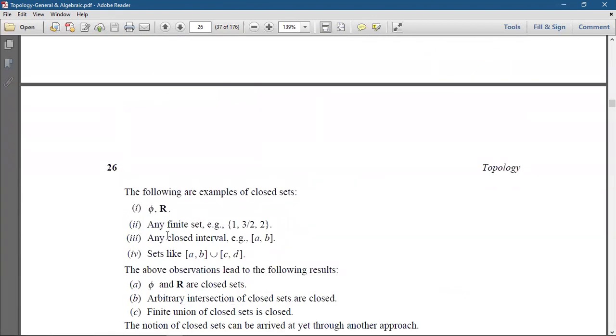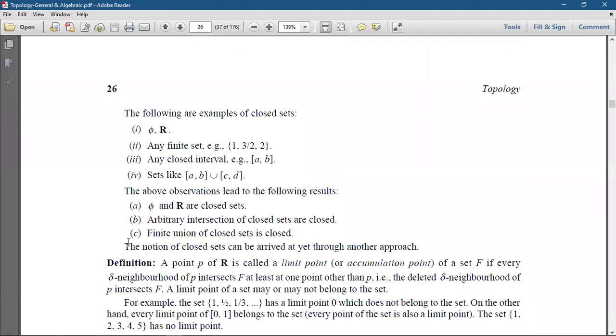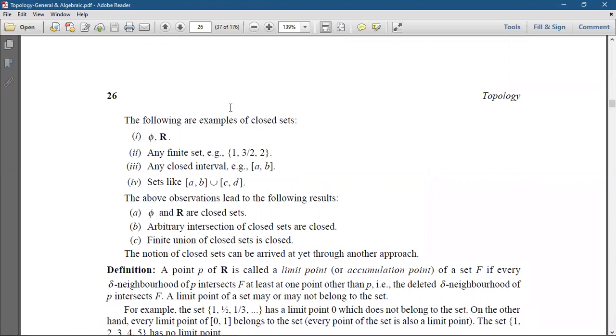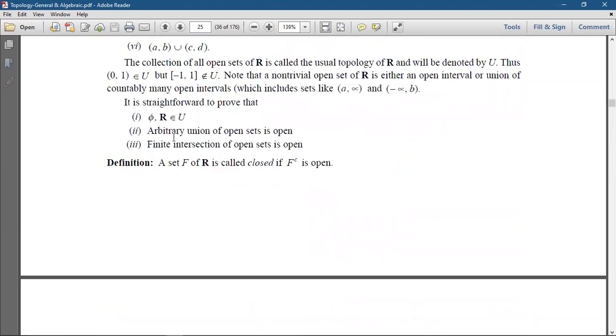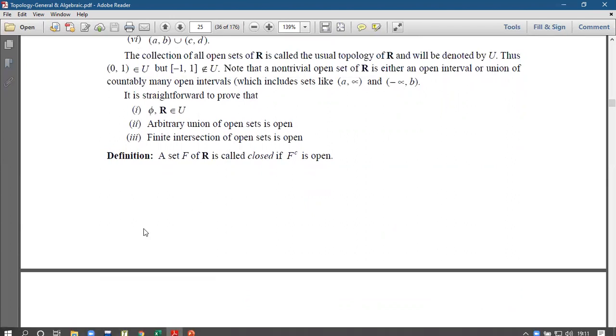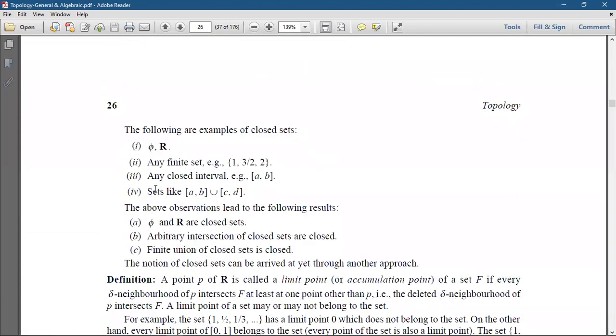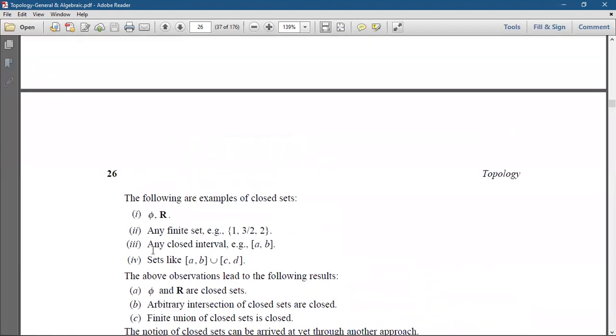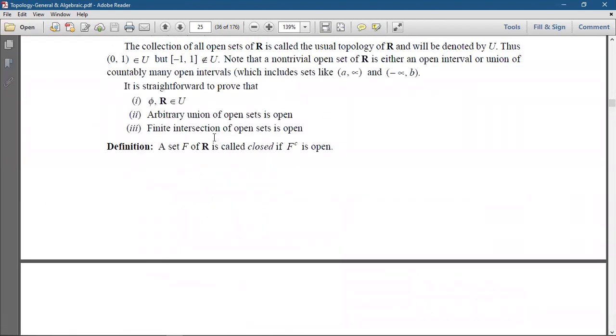Arbitrary intersection of closed sets is closed and finite union of closed sets is closed. That means just the opposite. Arbitrary union of open sets is open, and finite intersection of open sets is open.